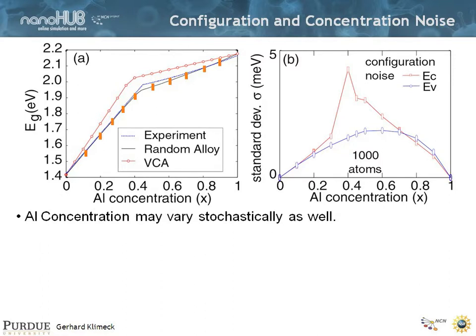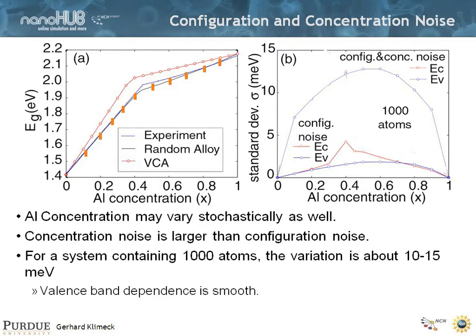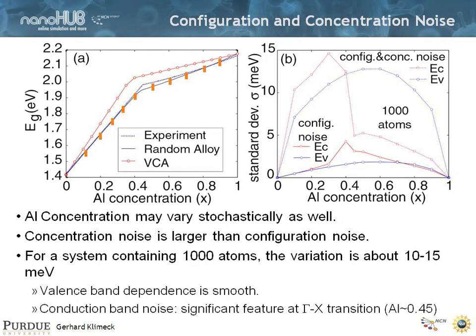If I now allow the aluminum concentration to vary statistically as well, the valence band looks like this before, but the fluctuations are much larger as indicated. The conduction band edge also fluctuates much more, but once it becomes indirect, it fluctuates less.